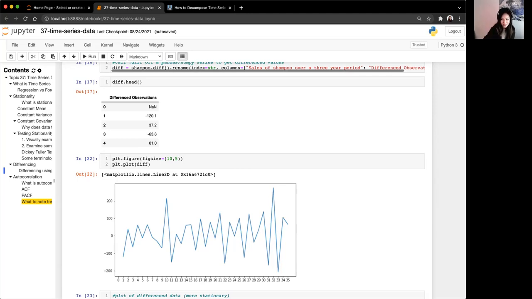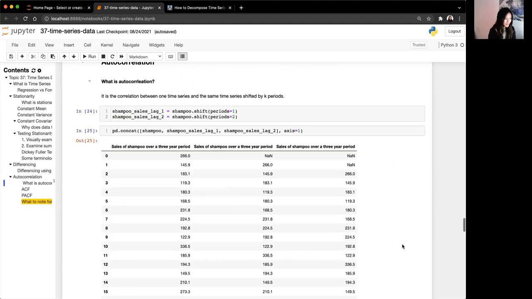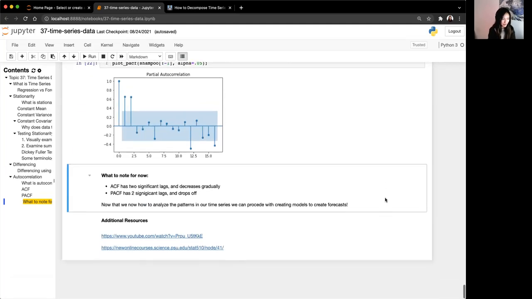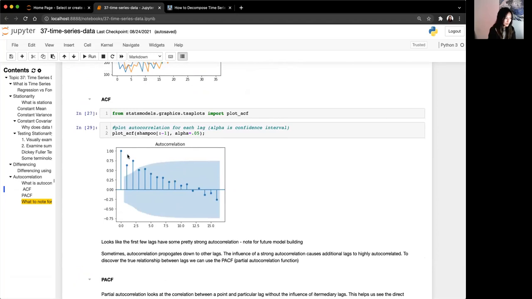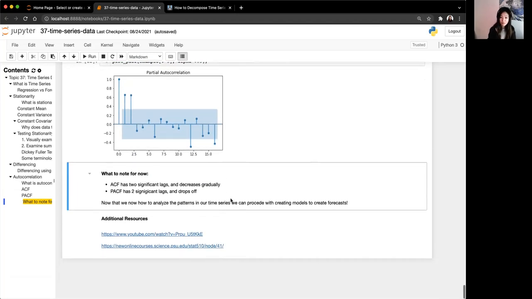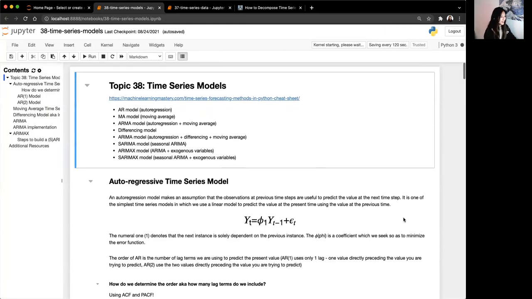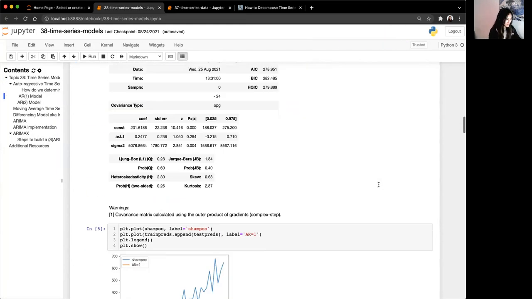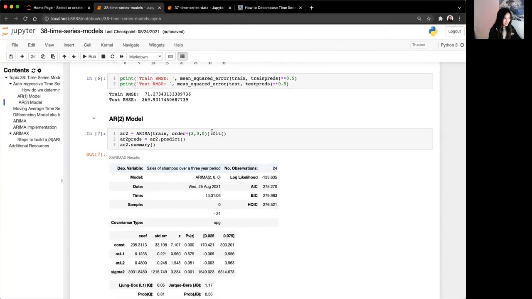Actually, since we have a little bit of time, let's say we figured out we have 2 significant lags for ACF, 2 significant lags for PACF, and 1 order of differencing. I'll show you what that looks like. This is a notebook I'm going to go over tomorrow, and I'll explain all of this then.